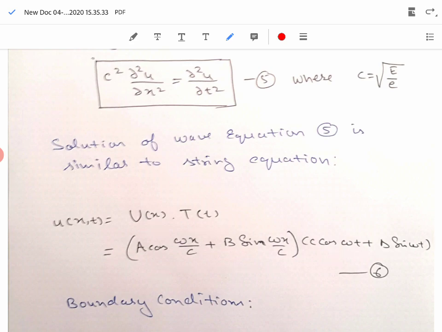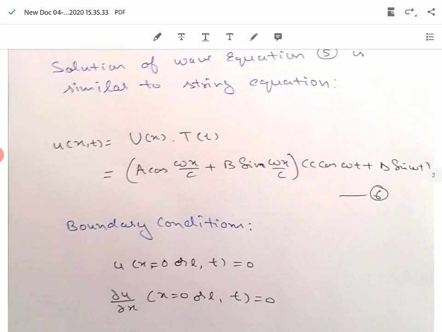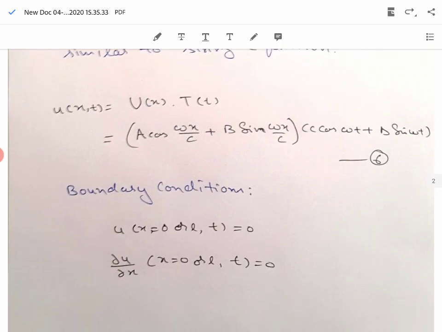Now we can obtain the values of A and B using the boundary conditions, and for the case of a bar these boundary conditions can be either u is 0 at one of the ends or both of the ends of the bar, or its first derivative with respect to space may be 0, that is del u by del x.